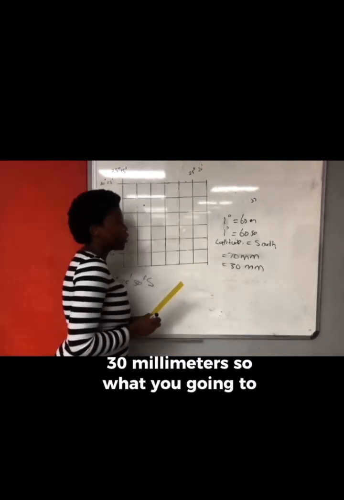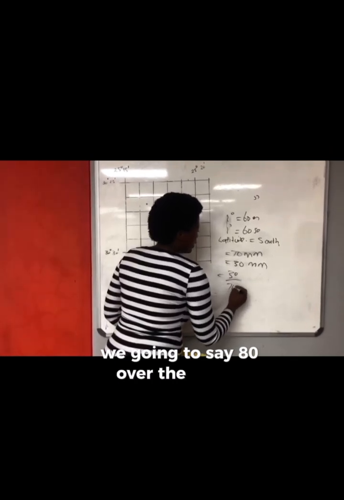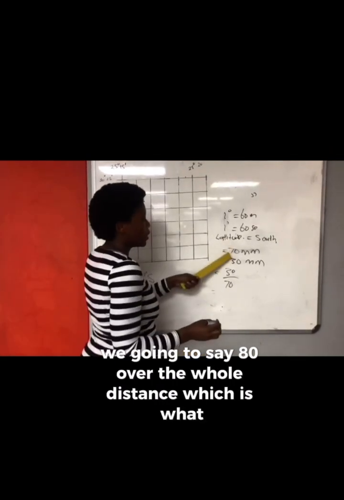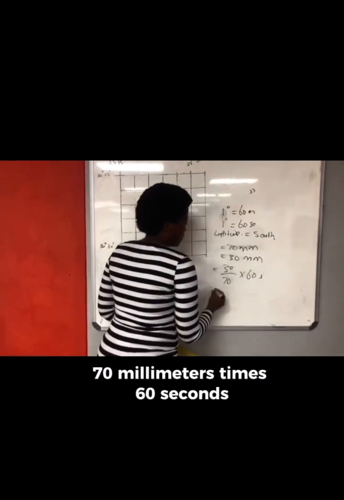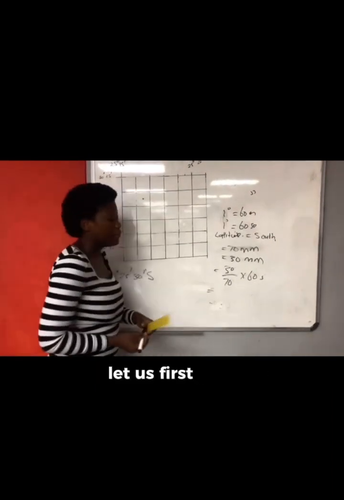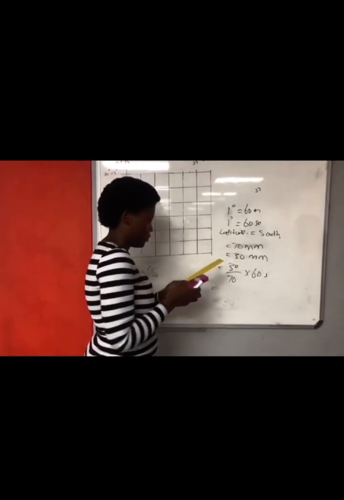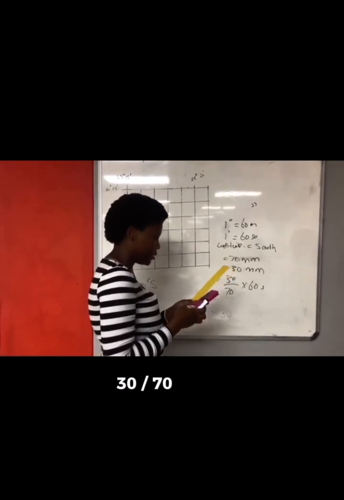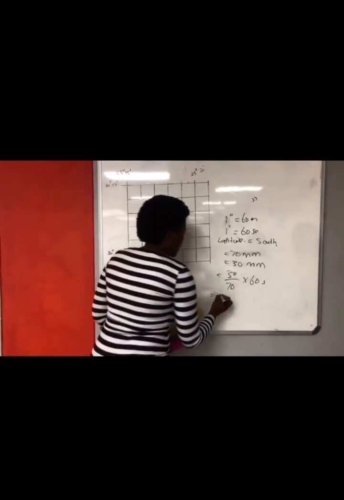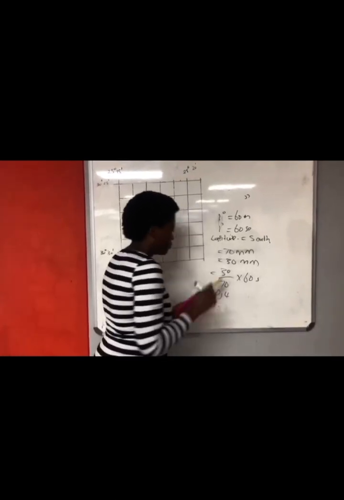So what you're going to do here is say 30 over the whole distance, which is 70 millimeters, times 60 seconds. Let us first punch this in a calculator. 30 divided by 70 is 0.4.